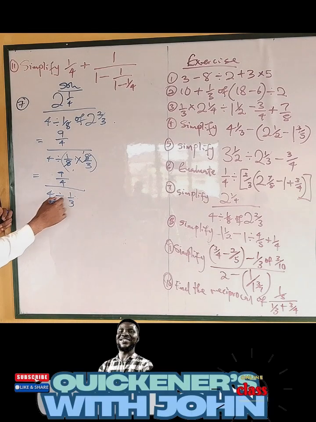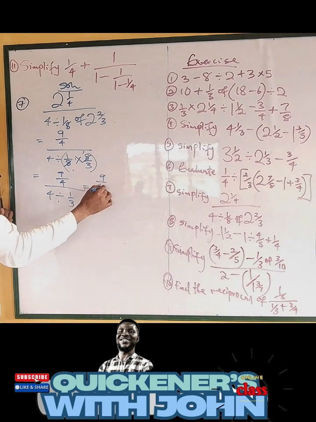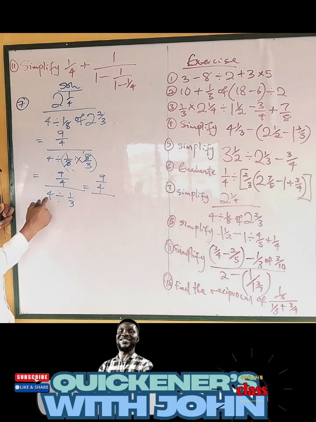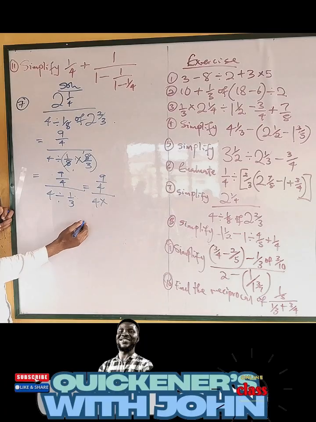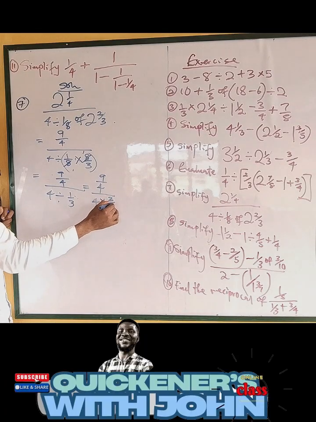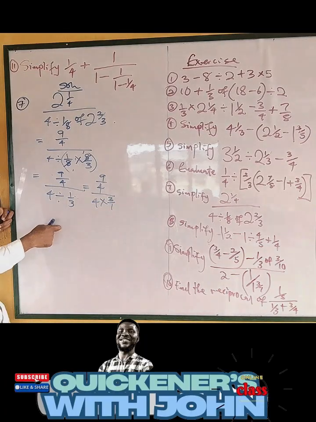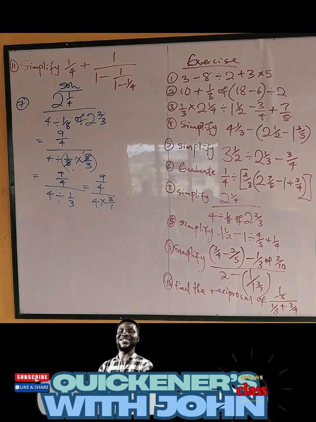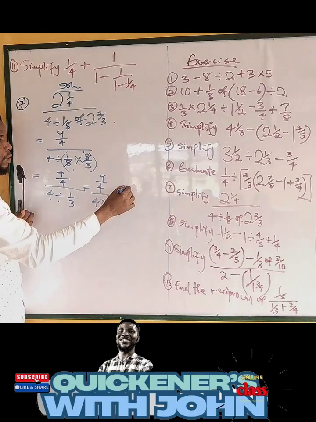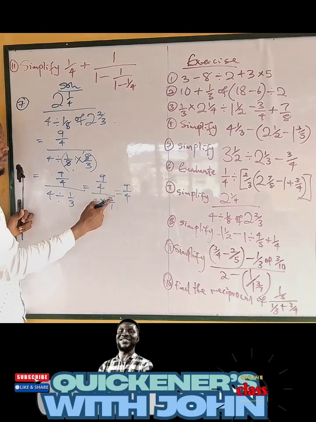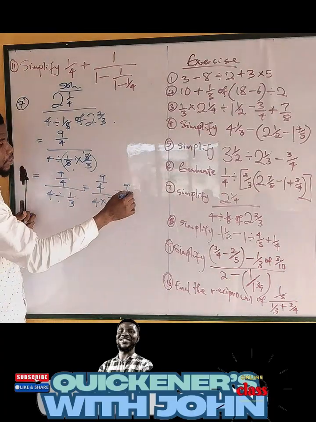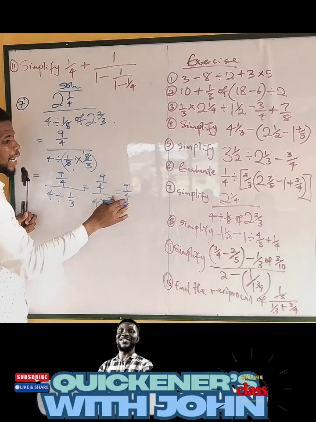That's 4 times what? 3 over 1, right? So let's do 9 over 4, 3 times 4, that's what? So you can now say divide by what?